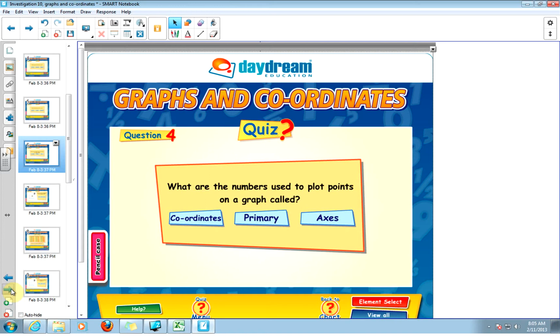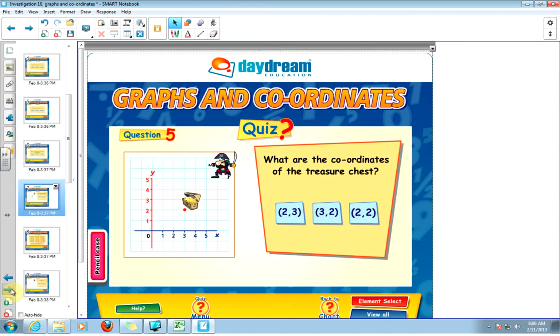Coordinates, primary, or axis? Question 5. What are the coordinates of the treasure chest? 2, 3, 3, 2, or 2, 2?